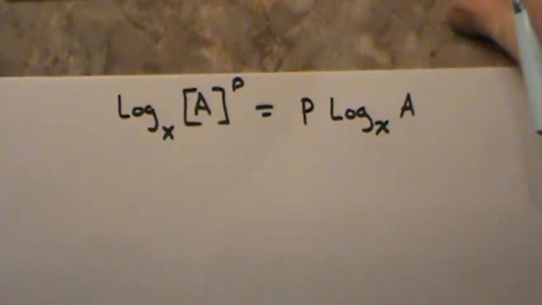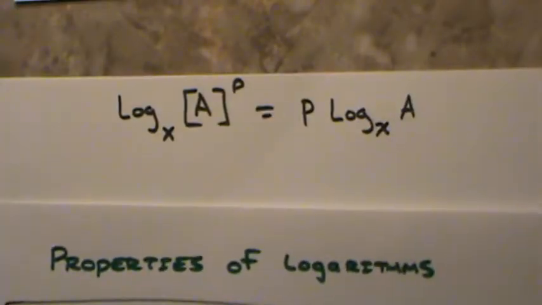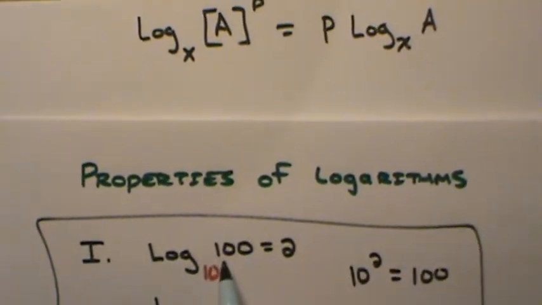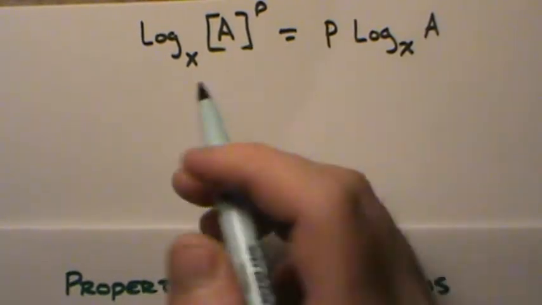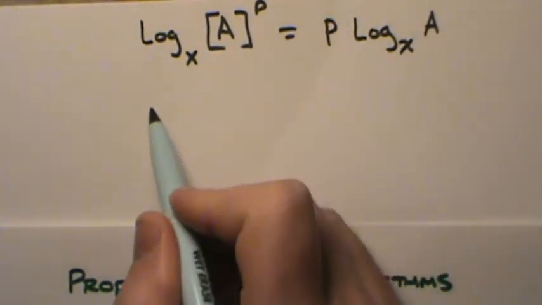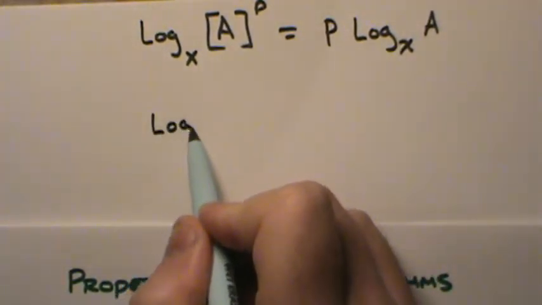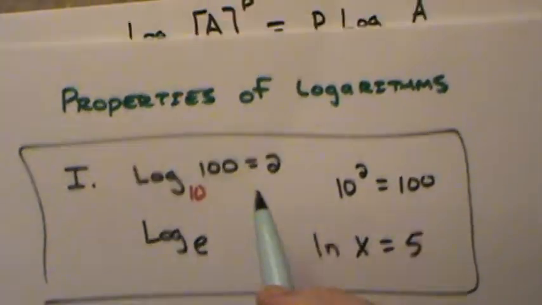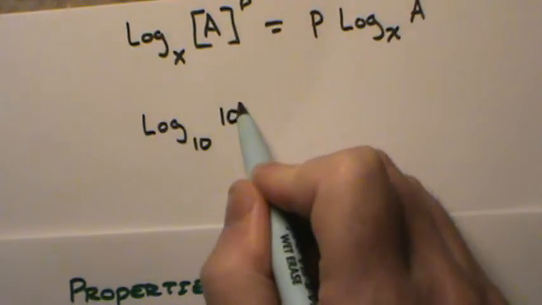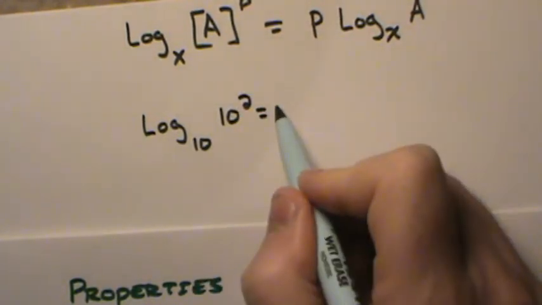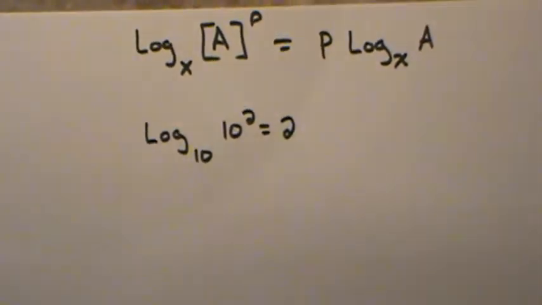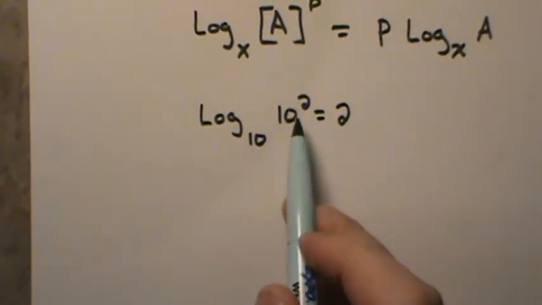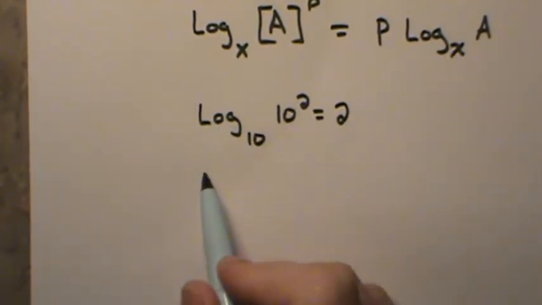Let me go back here for a second. Real simple one: log base 10 of 100 equals 2. If I do this, log base 10, you agree that 100 is 10 squared, right? This is saying that I could take that 2 and put it in front.